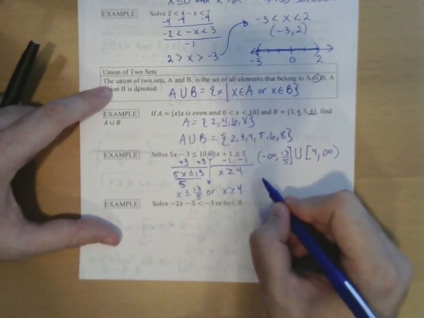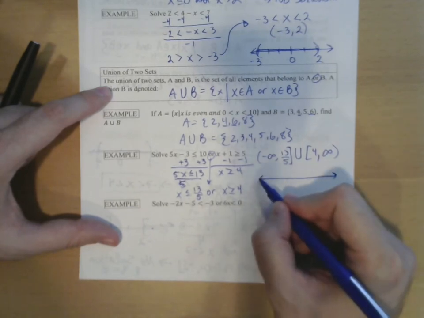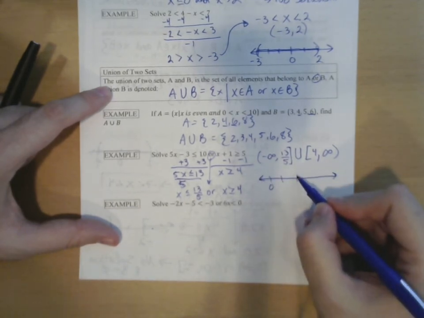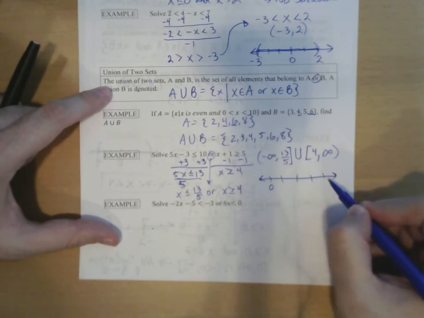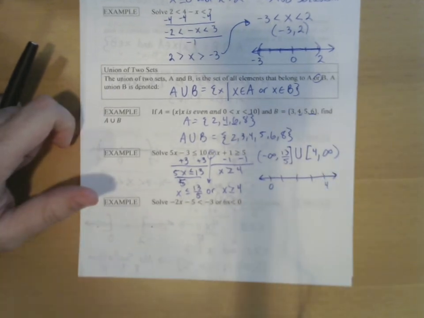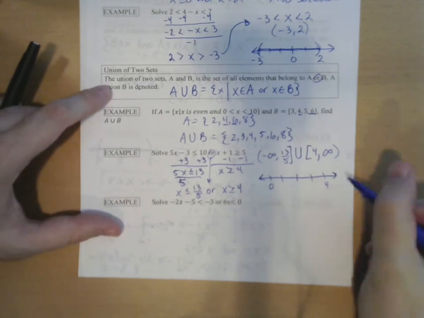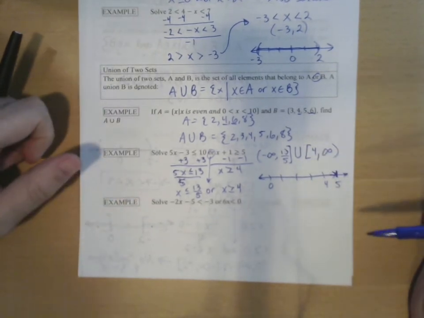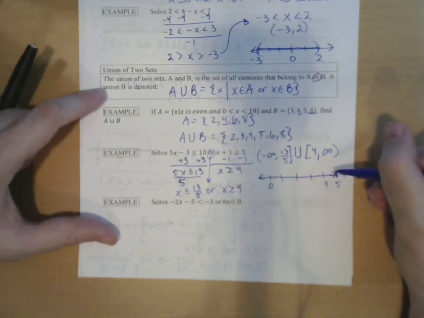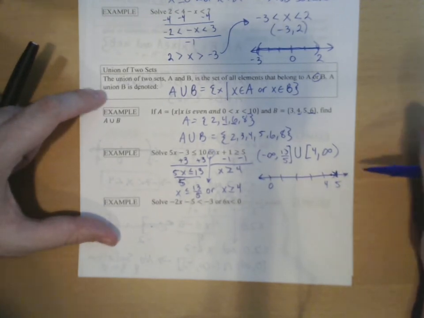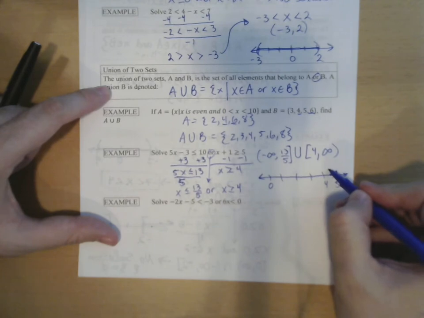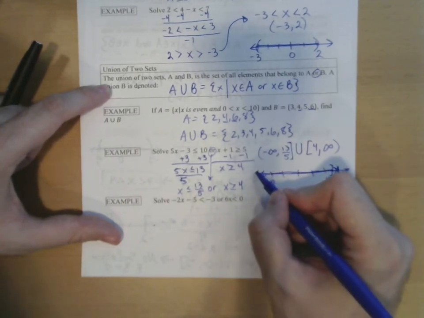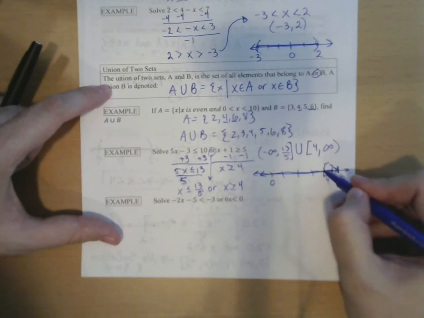And so when we graph these, let's put our 0 over here. 1, 2, 3, 4. 13 over 5 is a little bit less than 5, so if I extend this a tad, that would be where 5 is. 13 over 5 is 2/5 shy of 5, so this is here. So that means we start here and go this way, and we start here and go this way.